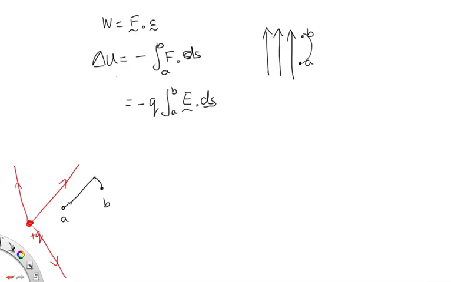Along this part, the arc, the E and the ds, this is the direction of the ds here, are always perpendicular. So this is not going to contribute to this integral here. So let's call this path 1.